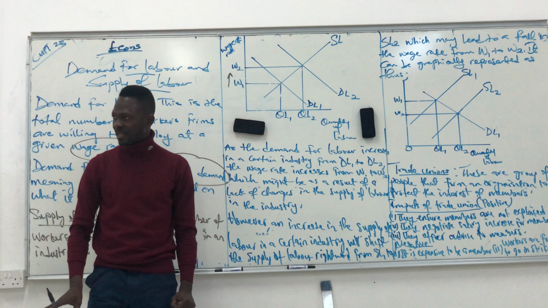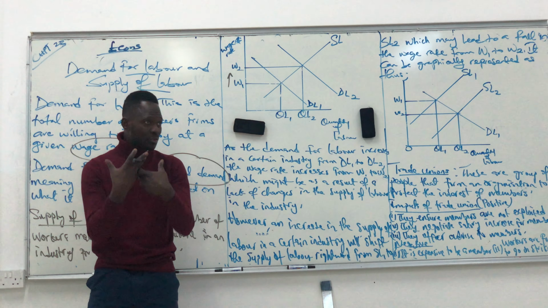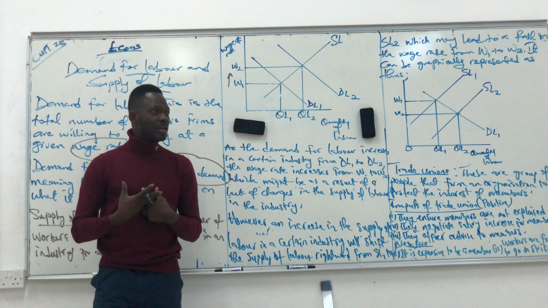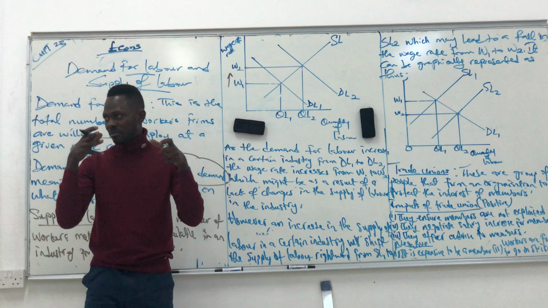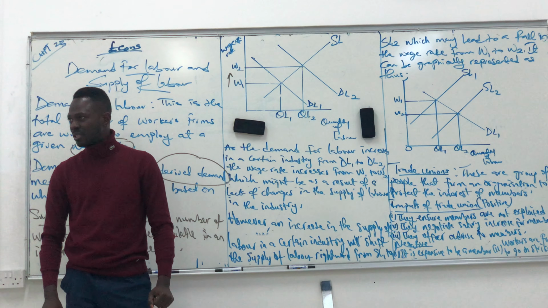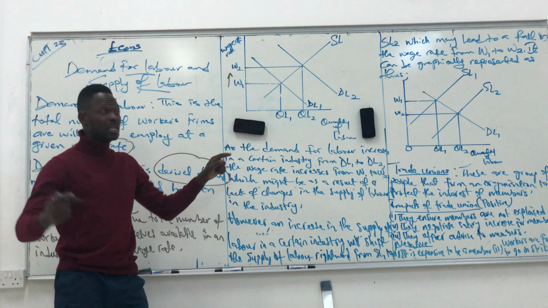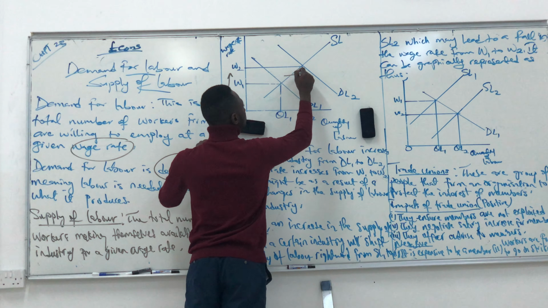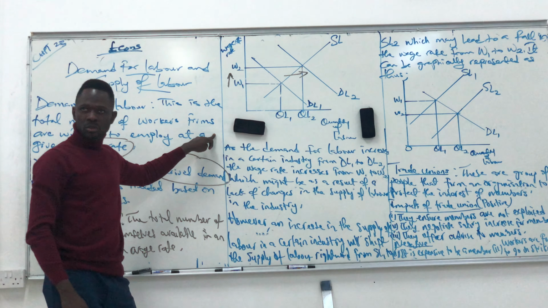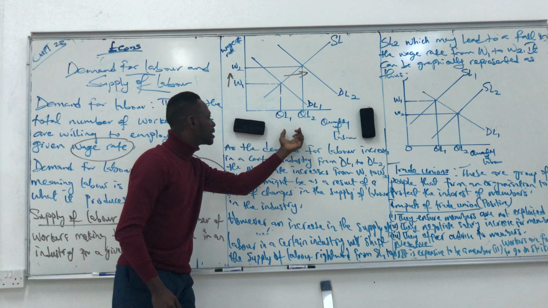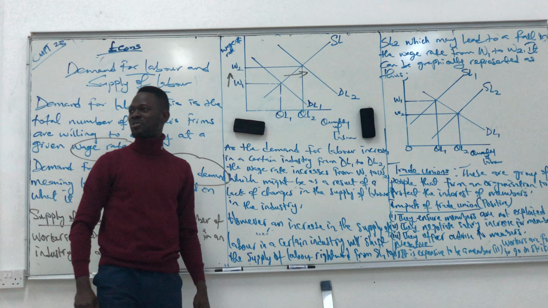Do you get it? To attract workers, you need to pay them more. So the industry that needs more workers would attract workers with high wage rates. If the demand for labor increases from DL1 to DL2, the wage rate will increase from W1 to W2 to be able to increase the quantity of labor needed in that industry.